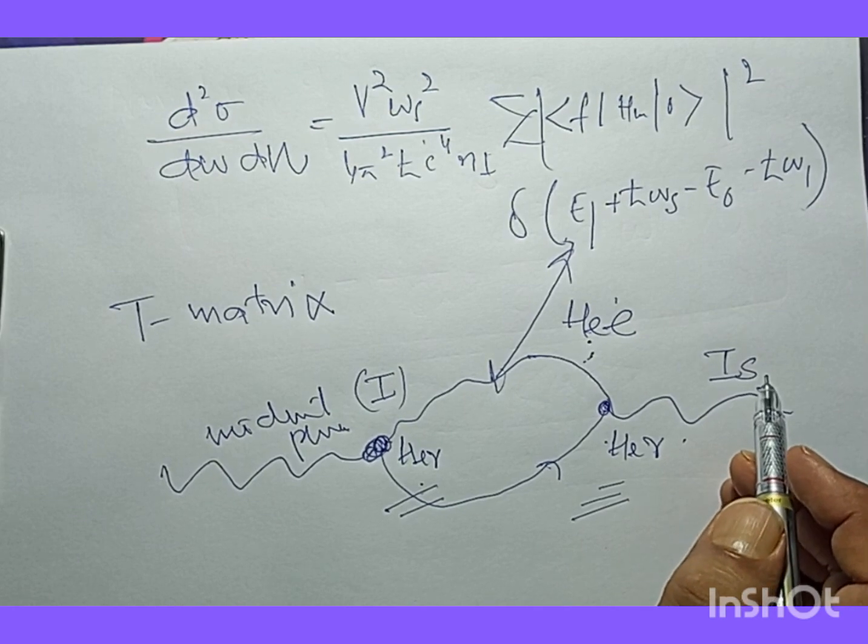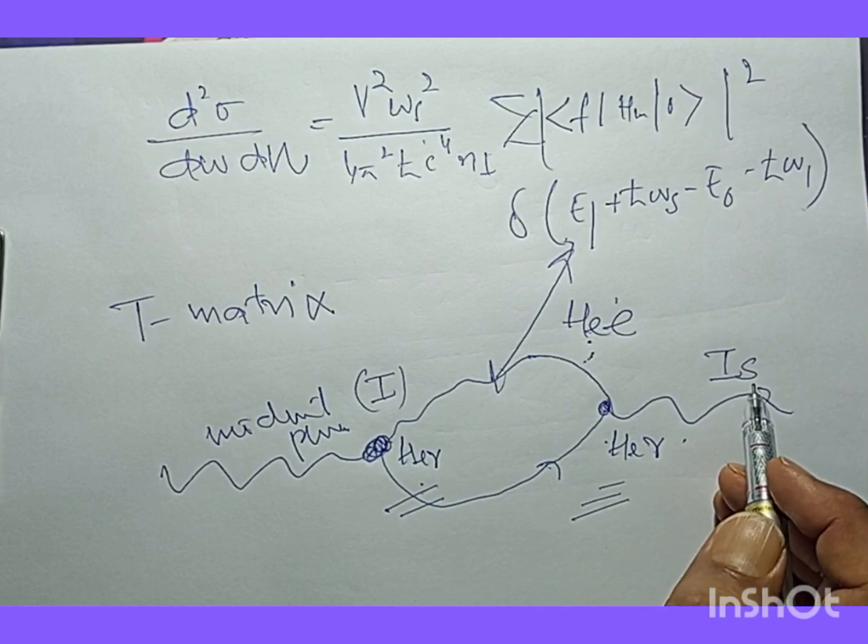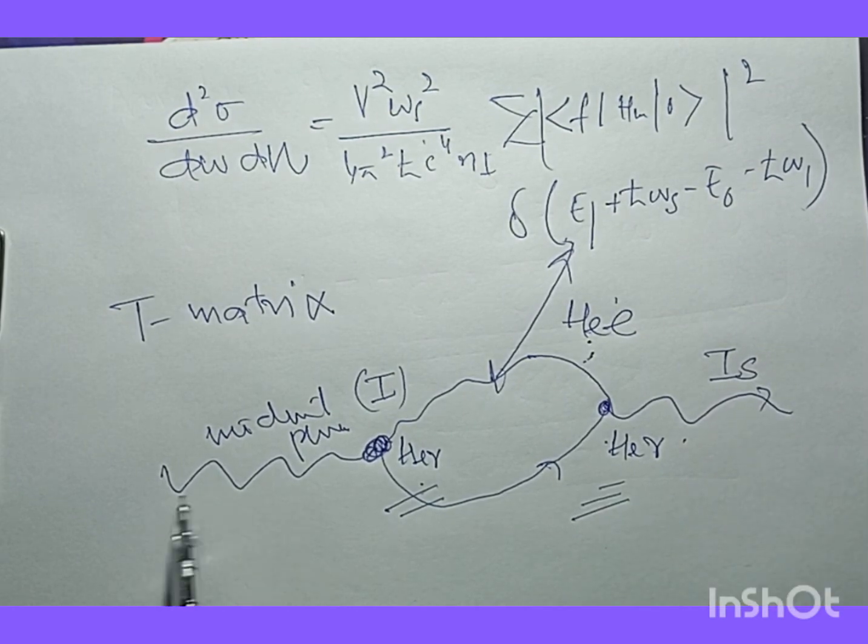So what I said before is that these interactions happen to be instantaneous, and when they are instantaneous, the order of the interaction can be changed, and the T matrix for this general scattering process can be written down.